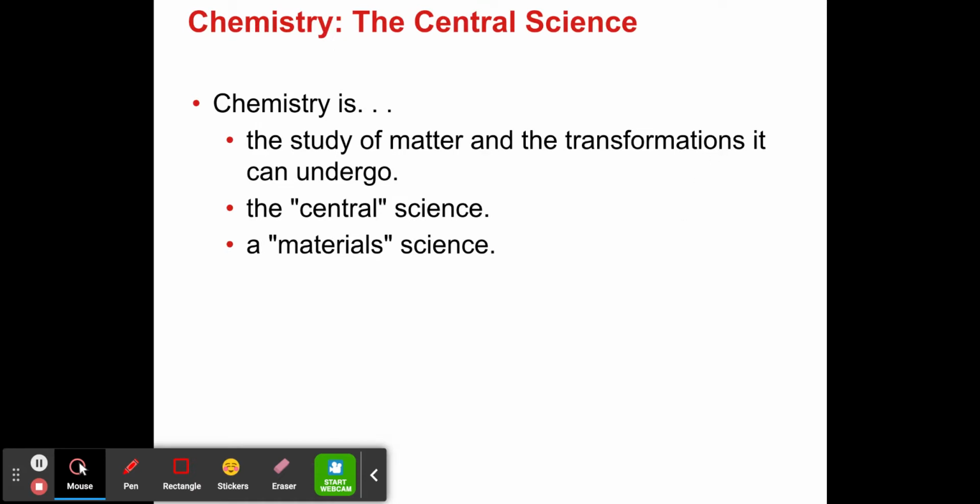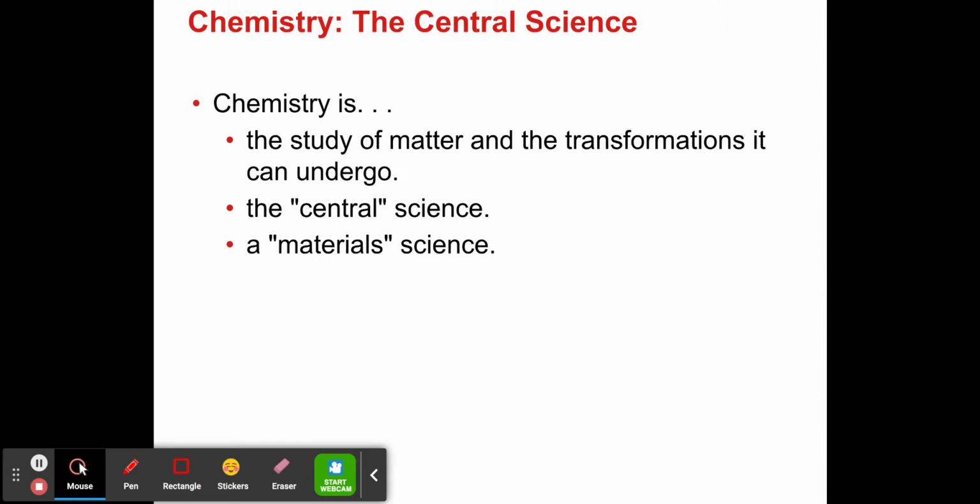Now, again, chemistry is the study of matter and the transformation that it undergoes. Chemistry is a central science and it's also a material science. When you look at the building industry, they study types of materials that are best for the construction of certain buildings. All of that is part of chemistry.